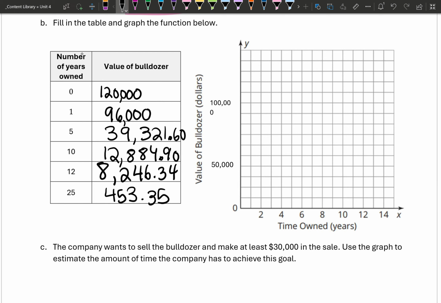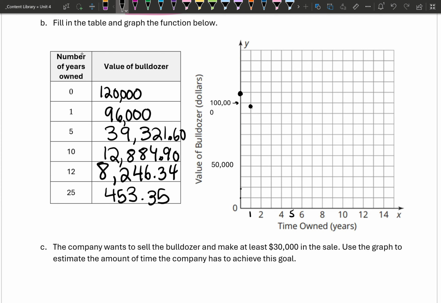All right. 0, 120,000. So that's right here. After 1 year, it's 96,000. It's kind of a guess here, right? Because if that's 100,000, that's 90, and 96 is somewhere there. After 5 years, it's 39,000.